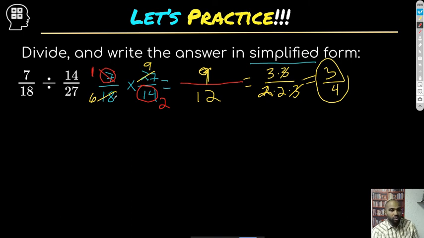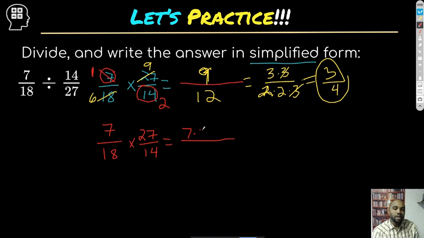So that's one way you could have done it, but I'm going to go ahead and do it the way I've been talking about, for those who don't like that way or just want to see it the way I've been teaching it. So I'm going to go back to this point, and I'm going to say 7, and for 27 I'm going to say this is 9 times 3.